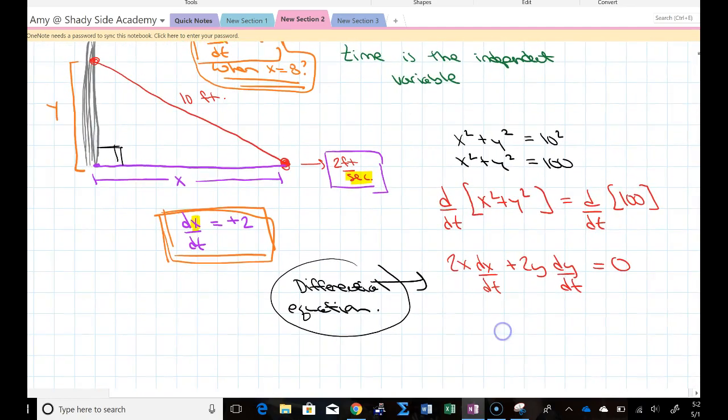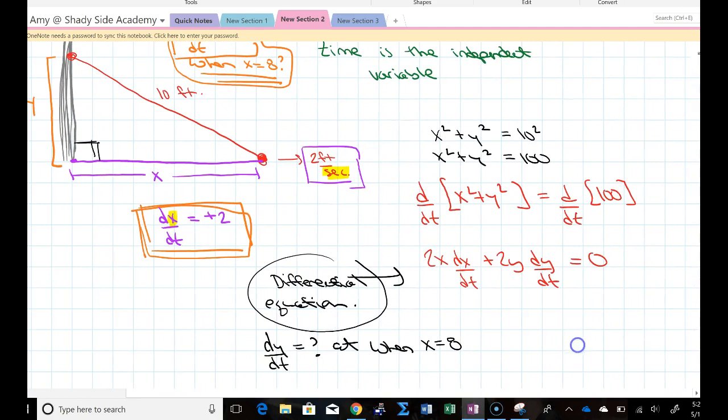The question here was dy/dt equals what at the precise moment when the base of the ladder is 8 feet from the wall? Okay, well, let's see. We have to use our differential equation to sub in that information about x, dx/dt, y, dy/dt at the moment when x equals 8.